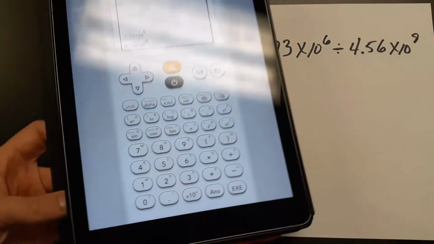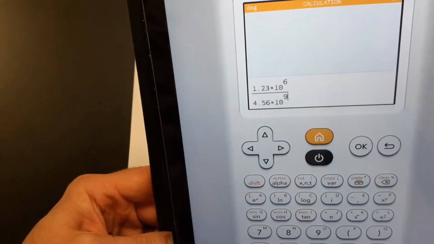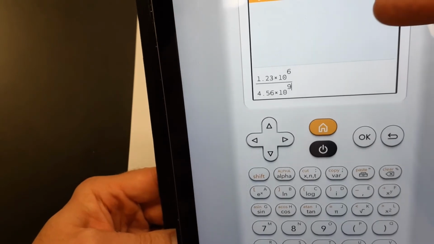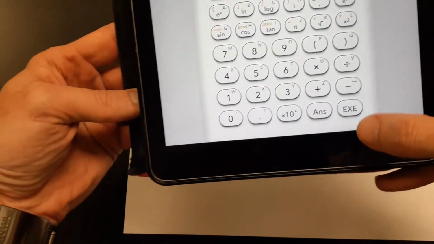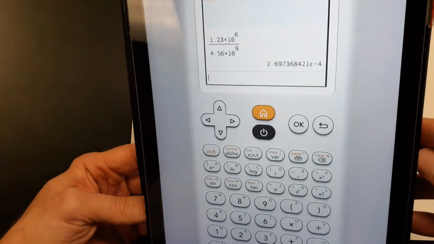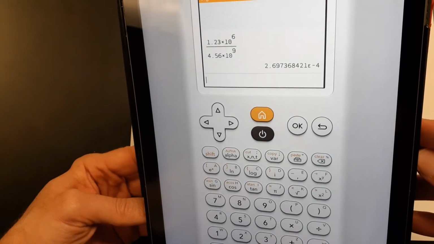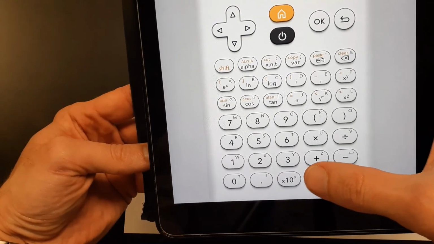Let me show you closer on the screen what that looks like. This emulator actually turns that into a fraction, but when we execute that calculation, it gives us 2.7 times 10 to the negative 4. So that's one option. Some calculators say times 10 to the x.